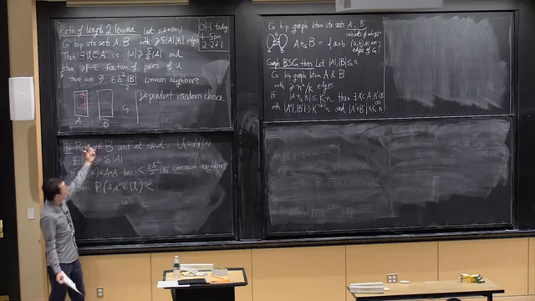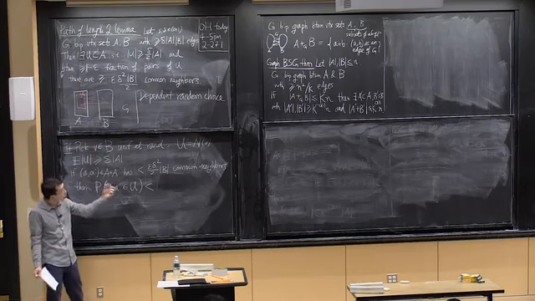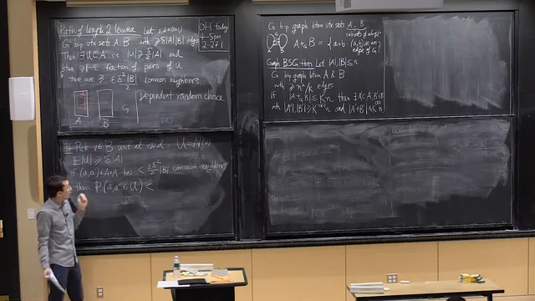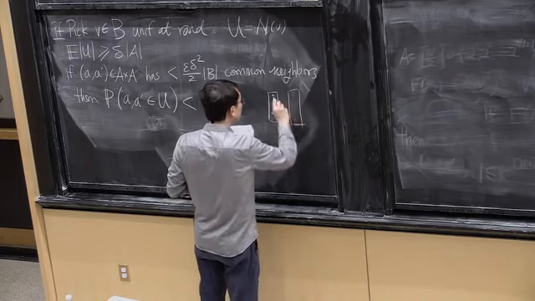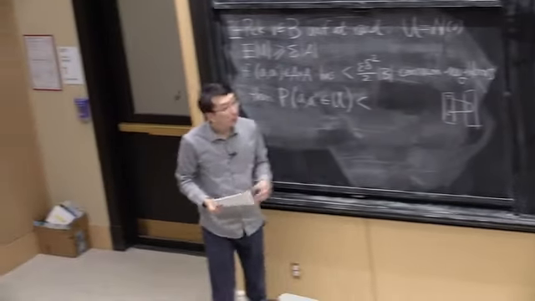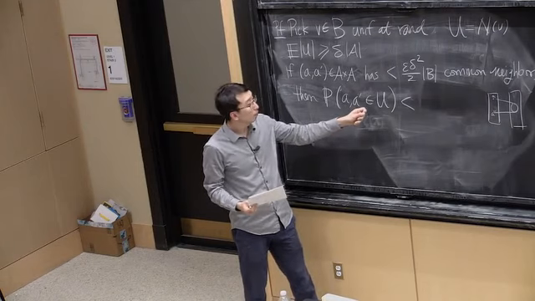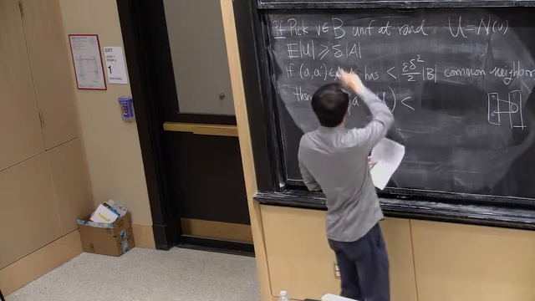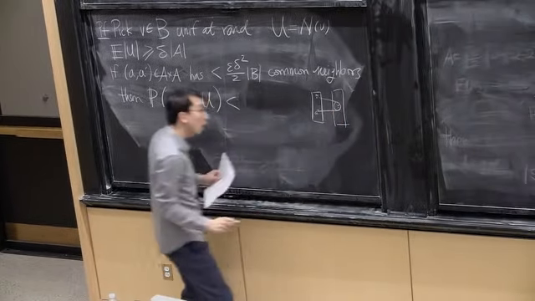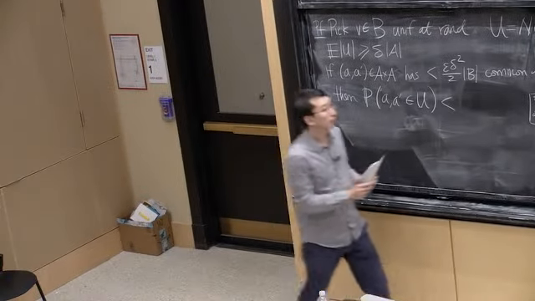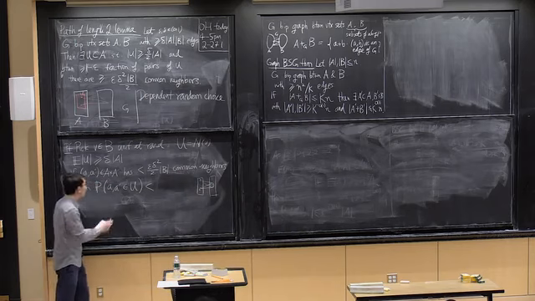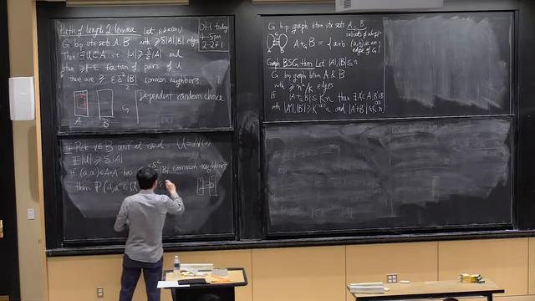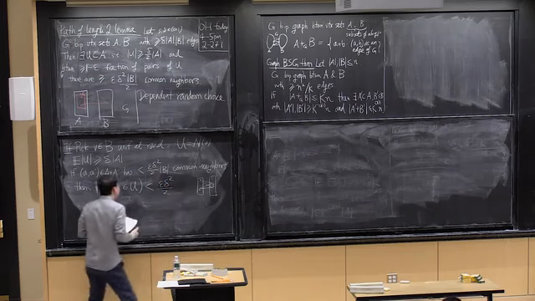Because in order for A and A prime to be included in this U, suppose this were their common neighbor, you must have chosen this V to be inside the common neighborhood of A and A prime, which is unlikely if A and A prime have a small number of common neighbors. So this probability is at most epsilon delta squared over 2.